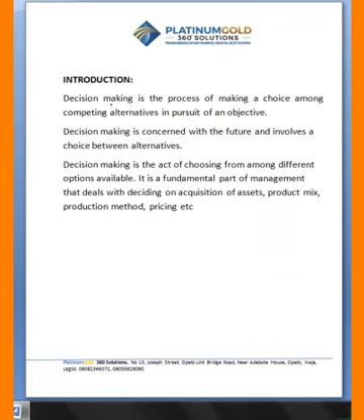Now, what is decision making? Decision making is the process which involves making a choice in the midst of different options. So it involves making a choice amongst competing alternatives, and the essence of this is to achieve a particular objective.